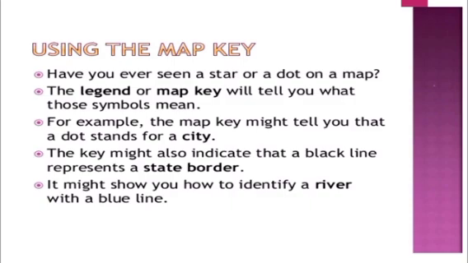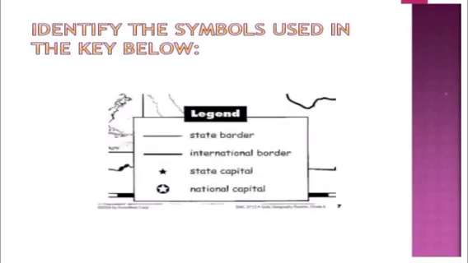The key might also indicate that a black line represents a state border. It might show you how to identify a river with a blue line. Identify the symbols used in the key below. Here we can see 4 legends like state border, international border, state capital and national capital.